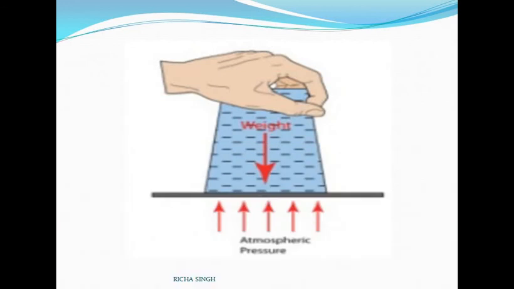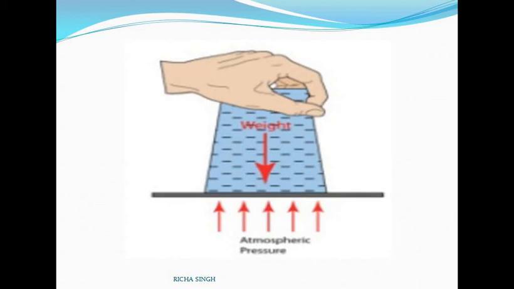Some activities I would like to use to make atmospheric pressure clear: suppose you take water in a glass and invert it over a piece of cardboard, it gets stuck. The water does not come out until you remove your hand. From the lower side of the cardboard, the pressure is being exerted by the atmosphere, and from the top, the force is being applied.